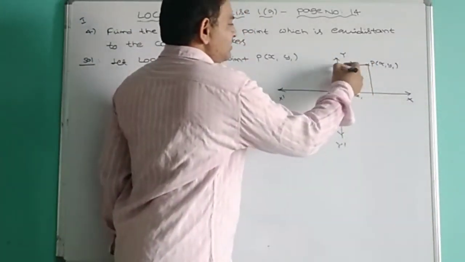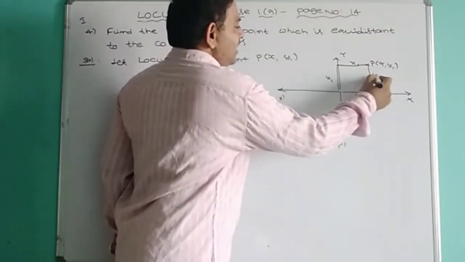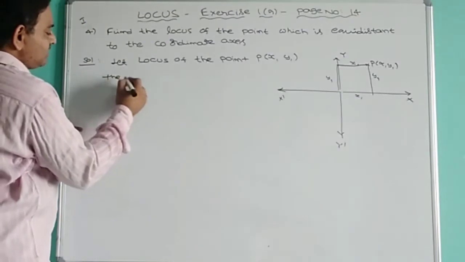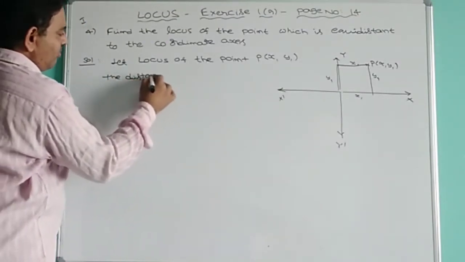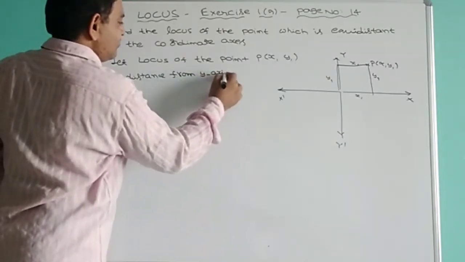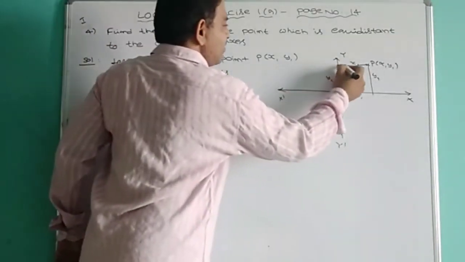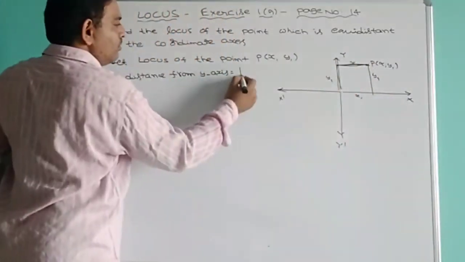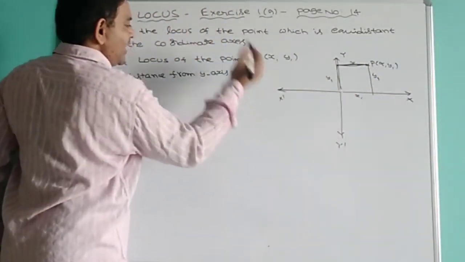Now this length is y1. Now the distance from the y-axis equals modulus x1.